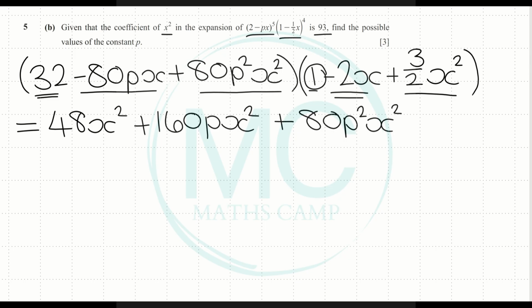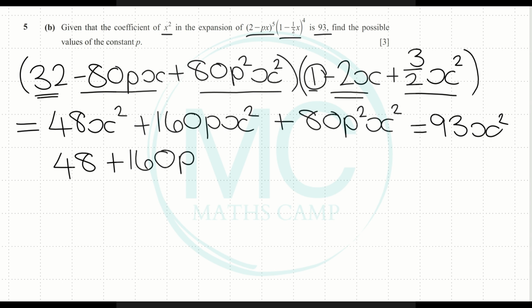And the question tells us that when we add these three terms together, we get 93x squared. This means that 48 plus 160p plus 80p squared is equal to 93.